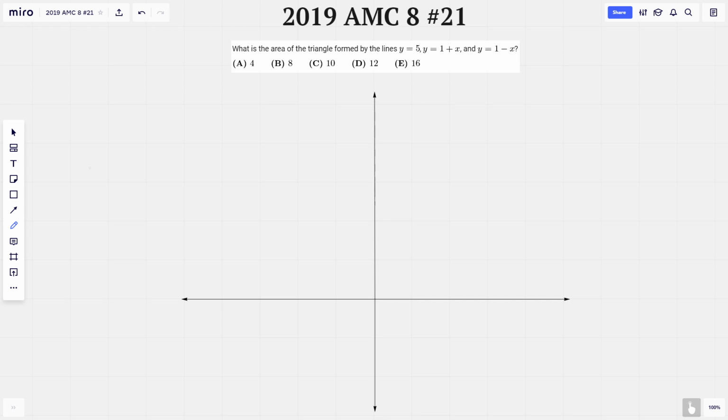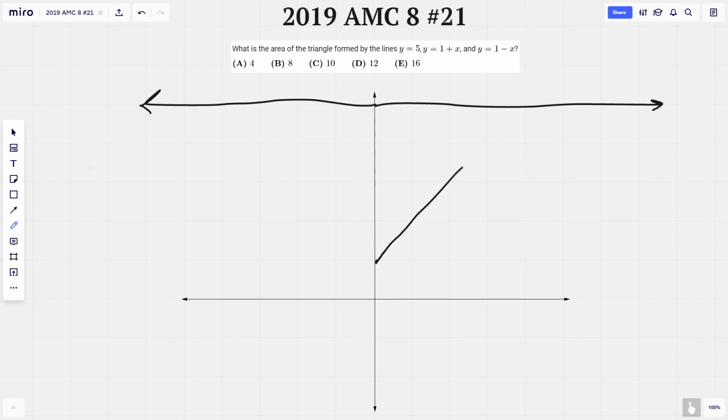So we can start by graphing y equals 5, which is a horizontal line at y equals 5. So if we go in both directions, we have y equals 5 like this. Y equals 1 plus x starts at 0, 1 and goes up with the slope of 1 like this, and also goes in both directions.